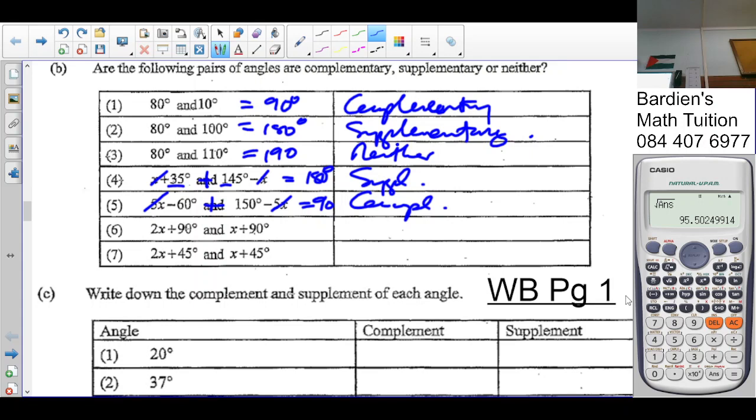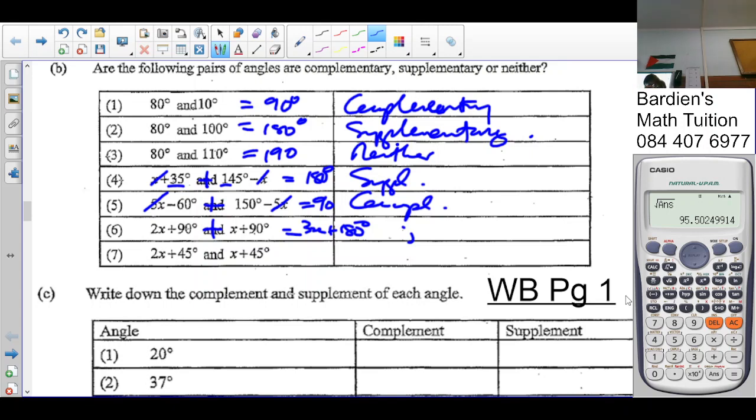Let's add up here. 2x plus x is 3x, plus 180. What can we say here? It adds up to 180 plus 3x. Neither. It could be supplementary if there wasn't an x. If x was 0, it would have been supplementary.